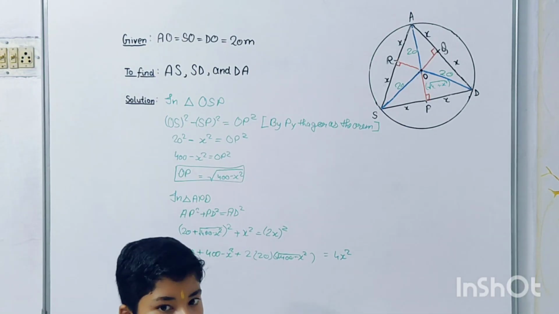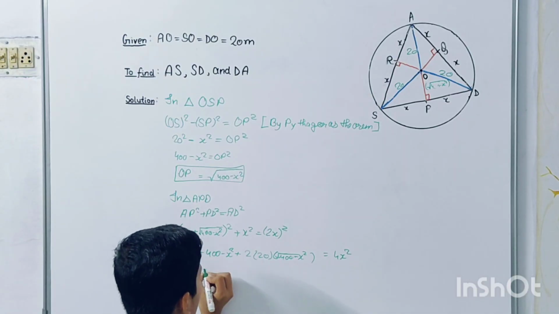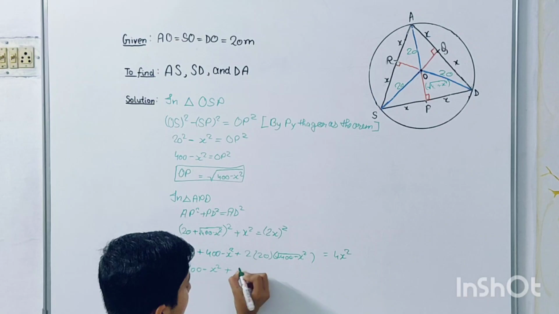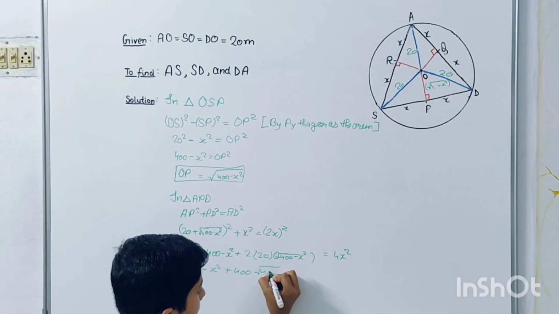So 2 into 20 will be 40, and this is 800 minus x square plus 2 into 20, 400 root 400 minus x square.